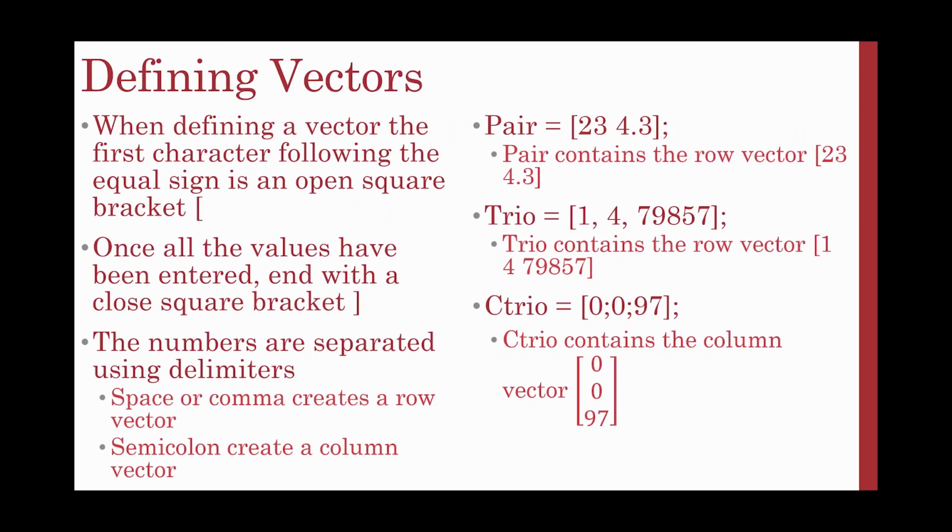If I want to create a column vector, I'm going to define a variable called ctrio equals open square bracket 0, semicolon 0, semicolon 97, close my square brackets. I want to create a column vector. So the semicolon tells MATLAB to go to the next row.